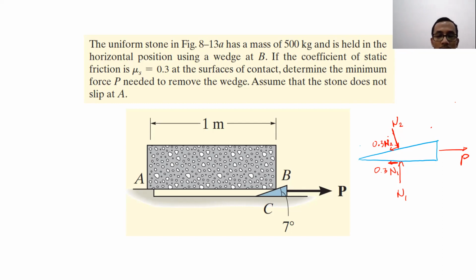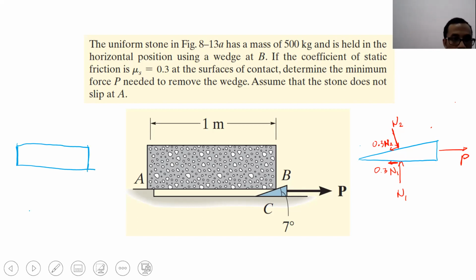If we take a look at the free body diagram of the mass, this problem is quite close to the problem that we discussed before. It will be like this. At A, there will be weight in the middle, 5,000 Newton.